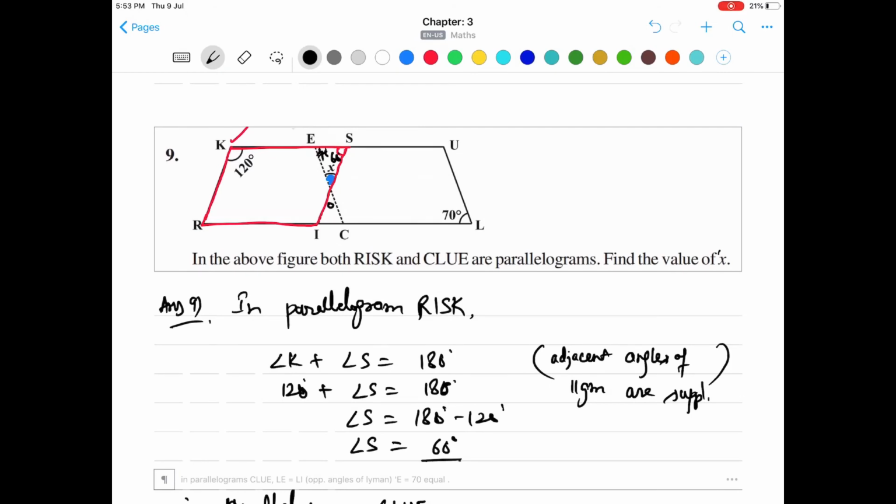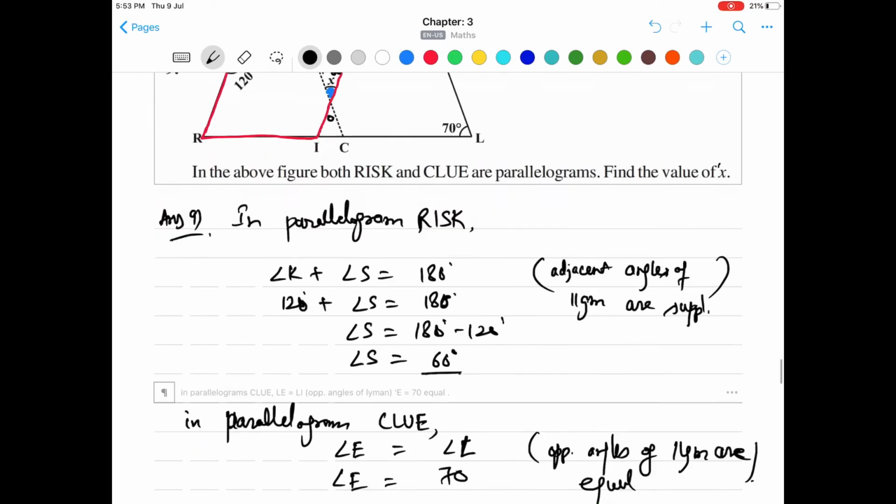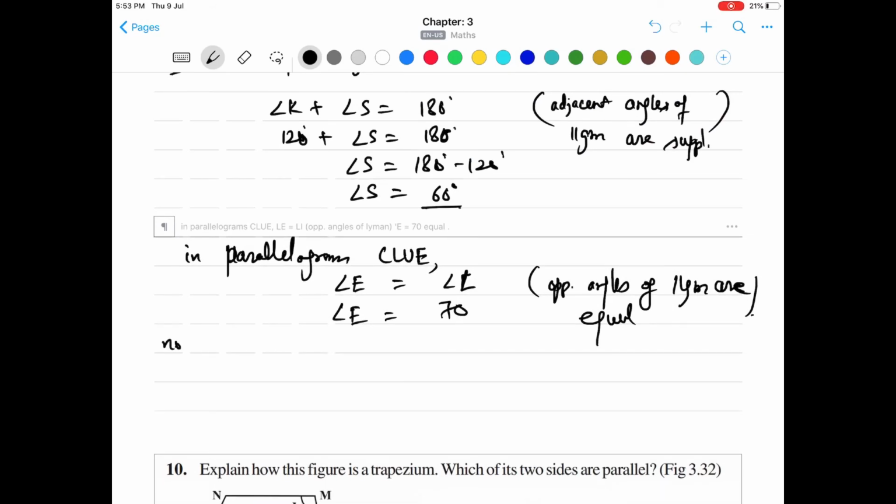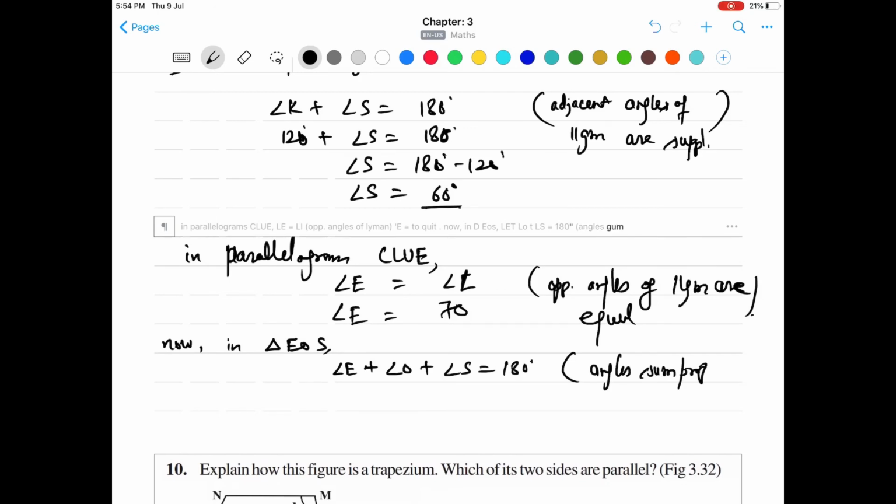So if we name this point as O, where the two sides intersect each other, now we got the triangle EOS. So right now in triangle EOS, angle E plus angle O plus angle S will be equal to 180 degrees. This is the angle sum property of a triangle.